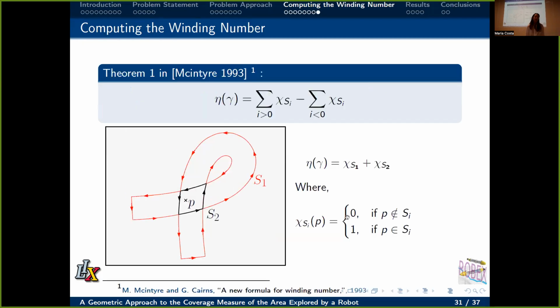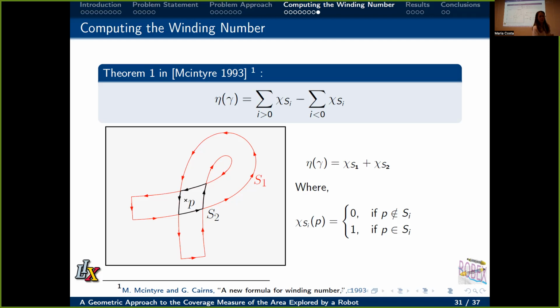And then we are going to be using a theorem from McIntyre that allows us to compute the winding number using the sets that we just defined, as a sum of the characteristic functions of the sets. So in the previous example, the winding number would be equal to the characteristic function of the set S1 plus the characteristic function of the set S2.